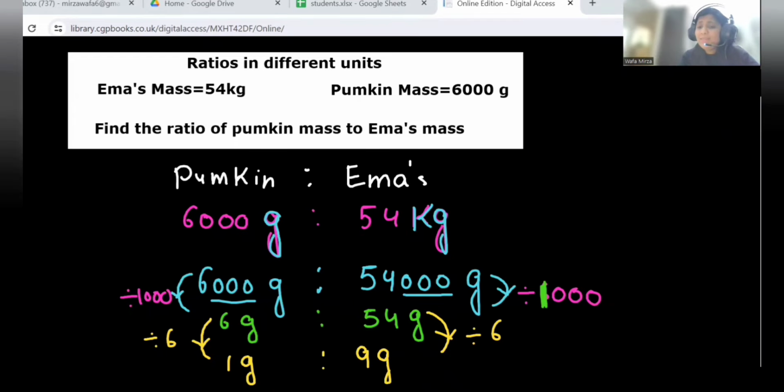If both are in the same unit, there is no need to even write gram, right? You can just write 6 divided by 6 as 1 and 54 divided by 6 as 9. I can say that the ratio of pumpkin's mass to Ema's mass is 1:9.